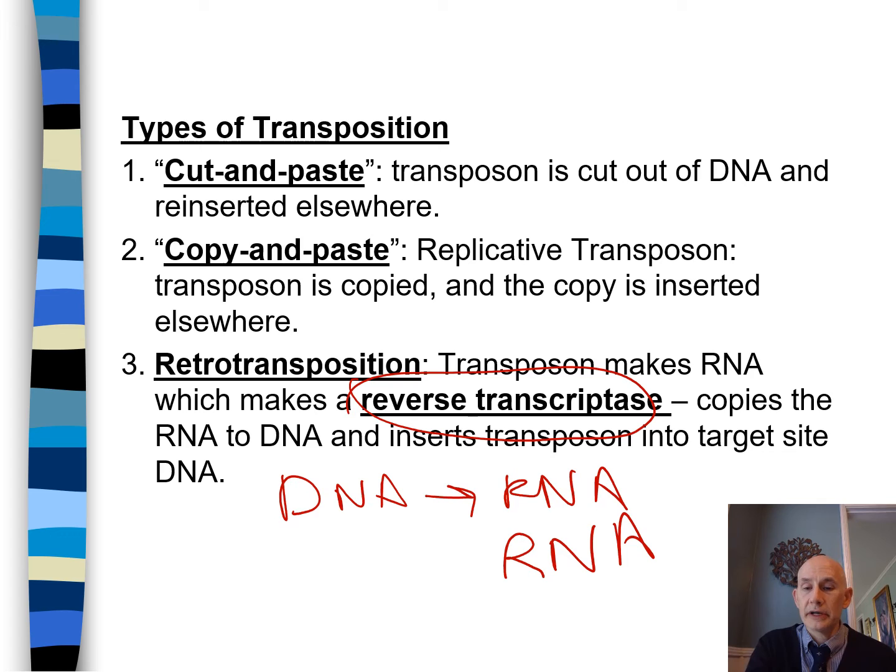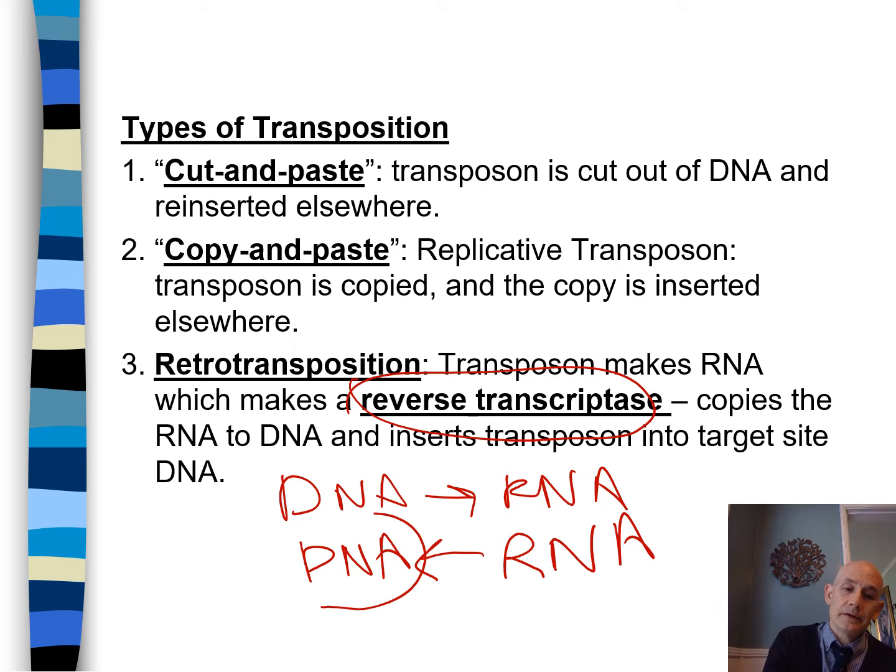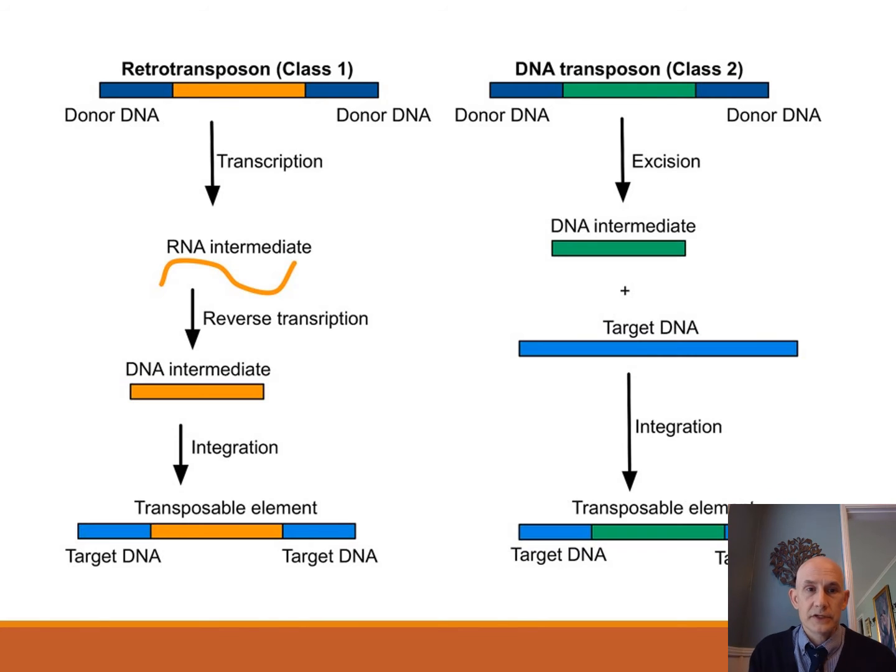So it takes RNA that has been transcribed and then it copies it backwards into DNA, reverse transcriptase. And then this DNA becomes the thing that gets inserted. So we see that here we have the DNA that gets transcribed, then that gets reverse transcribed into DNA, and then this gets inserted into some other chromosome somewhere.